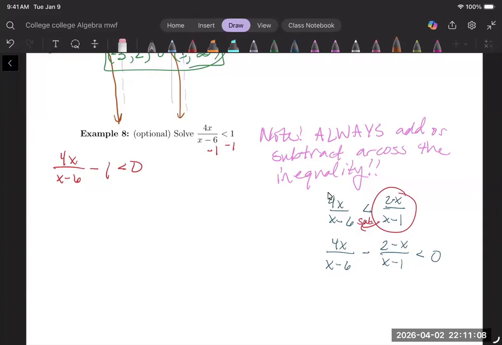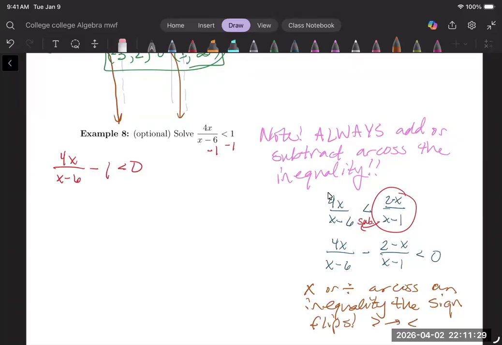Because remember, if you multiply or divide across an inequality, the sign flips, right? So a greater than becomes a less than and vice versa.